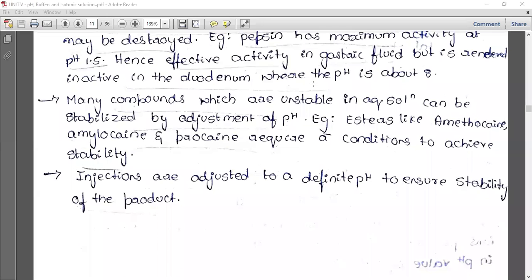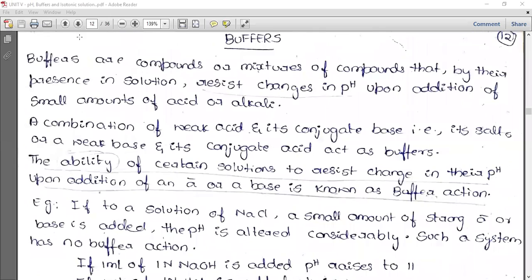Buffers are compounds or mixtures of compounds that, by their presence in the solution, resist change in pH upon addition of a small amount of acid or alkali, that is the base.